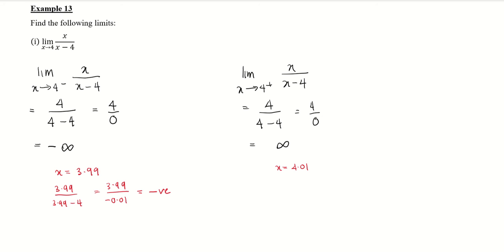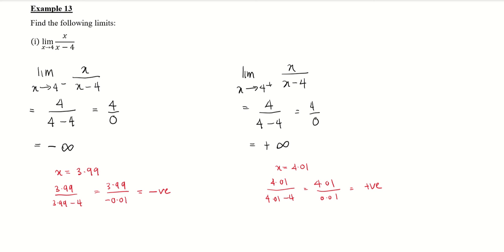When we substitute x equals 4.01 into the function, we get 4.01 over 4.01 minus 4. This is 4.01 over 0.01, which is going to be a positive value. So what we get here is positive infinity.